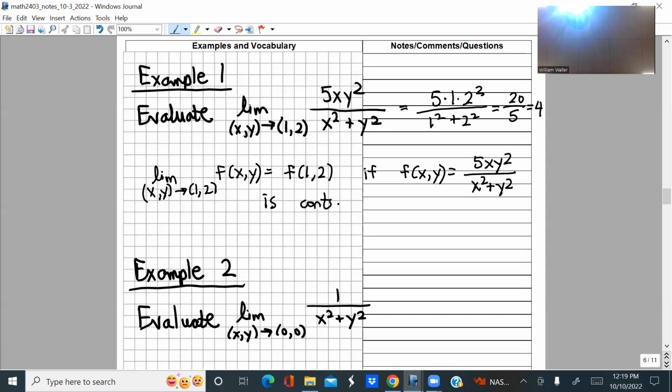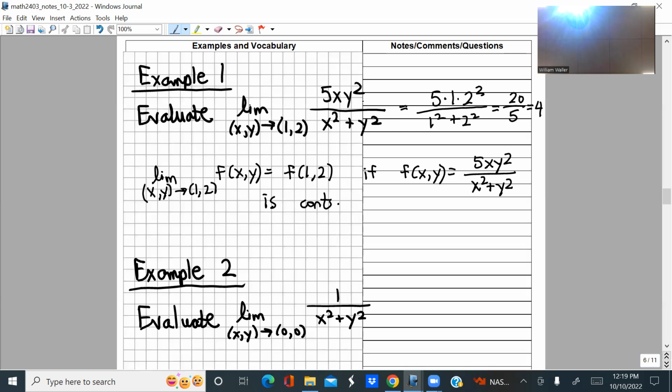That's called an indeterminate form, and that's going to come up here in a moment. But notice that the idea of continuity doesn't apply at the point 0, 0 because that's not in the domain. So we couldn't say the limit has to exist because the function is continuous at 0, 0. No, it's not continuous at 0, 0 because it doesn't exist at 0, 0.